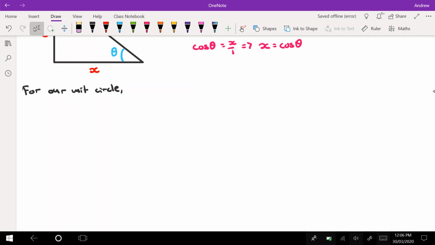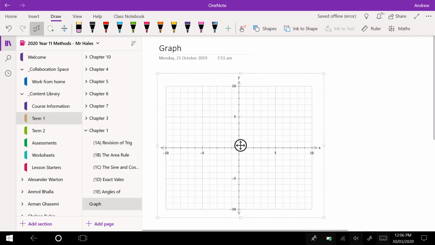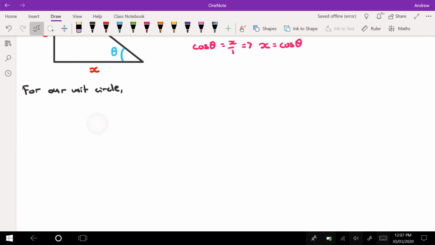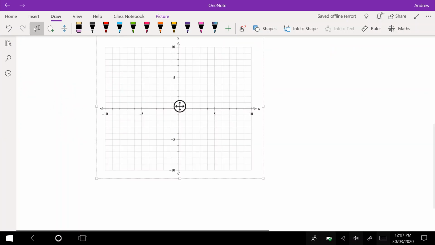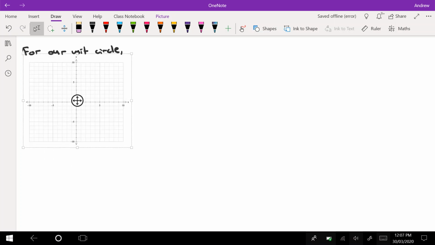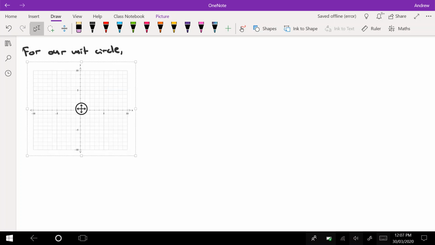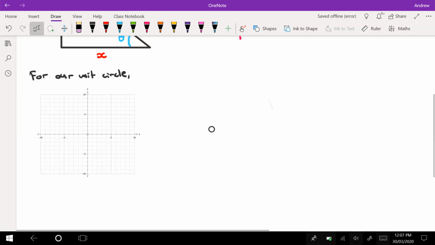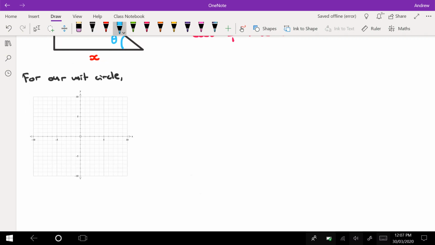Okay, so if I was to put in my graph here, and let's just make it a bit smaller. Sorry, so here we go. And I'm going to make a point at 1, 1, 1, 1, there we go. That would be our unit circle, and we'd have a radius every time.